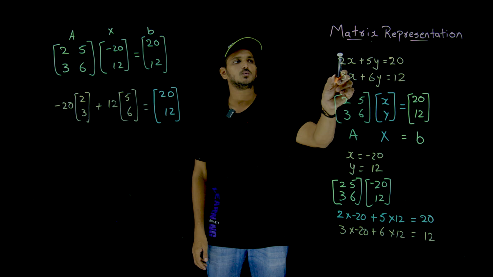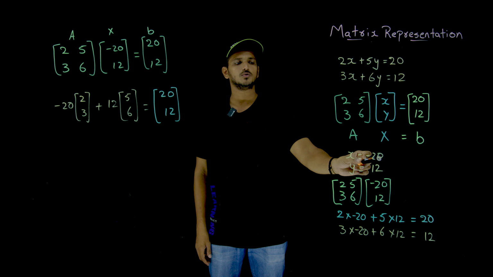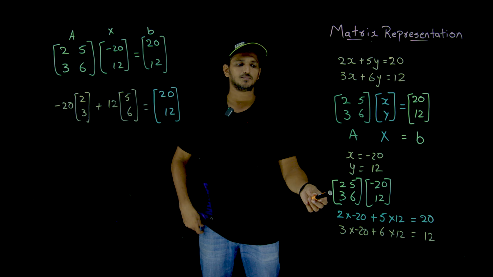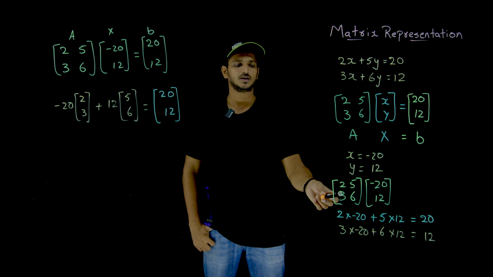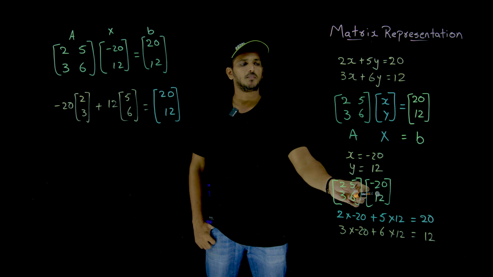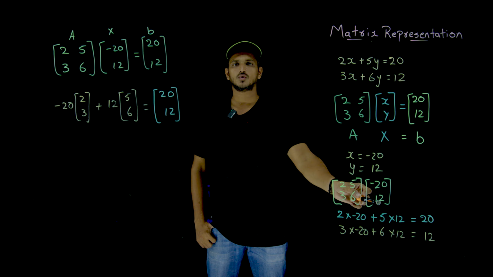If you solve these equations, the values we get for x and y are x is equal to minus 20 and y is equal to 12. Now let's take an example of how this matrix multiplication is done. 2, 3, 5, 6 is the matrix A multiplied with x, y. X is minus 20 and y is 12.